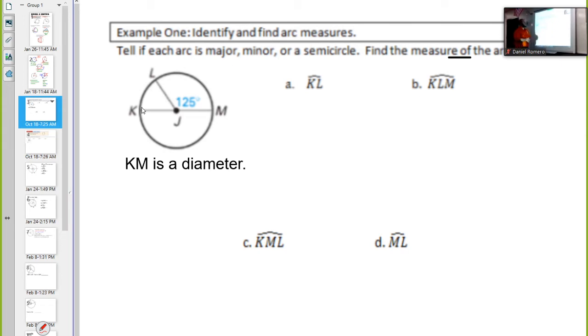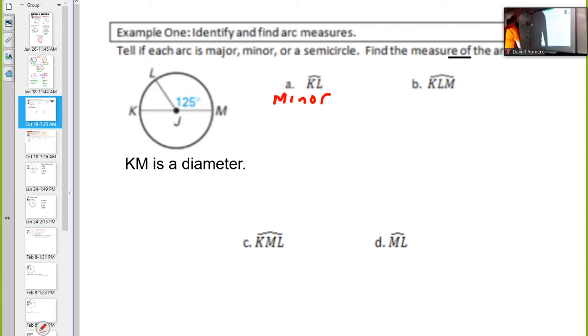Is KL major, minor, or a semicircle? It is minor. How do you know it's minor?